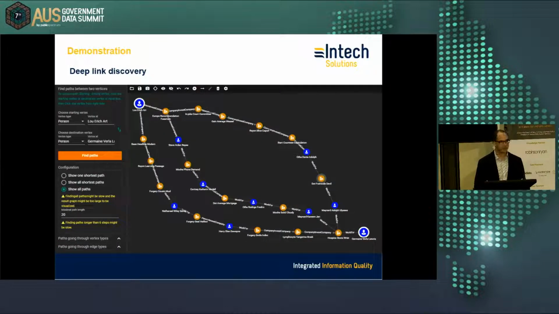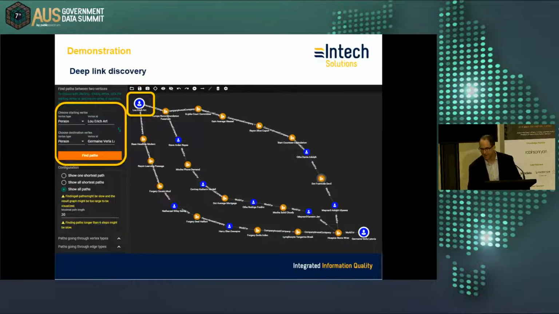I'm going nice and quickly, I notice, so the good news is we'll have some time for questions. So, a deep link analysis. In this particular example, we're doing a search to identify how that person there, I can't even see their name, Lou, is connected to Jermaine. And excuse the names, I'd rather use different names. A click of a button would expose how they're connected.